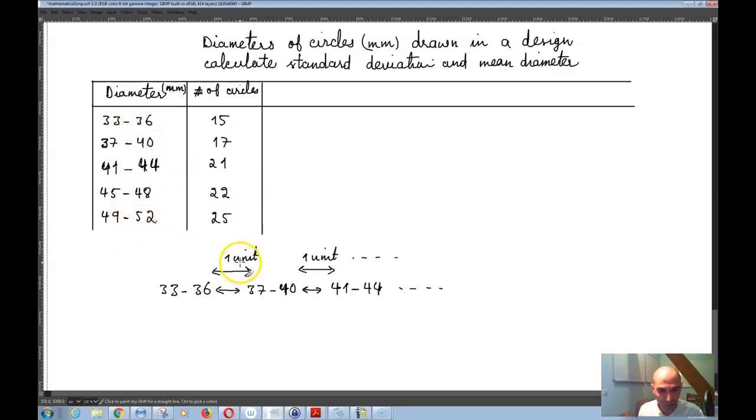So what you can do is add 0.5, which is half of one unit, to the upper limit of each class.